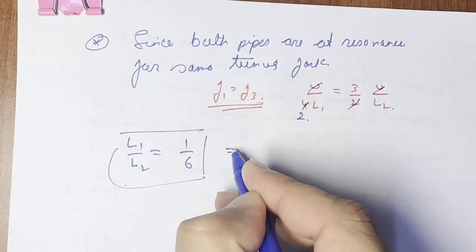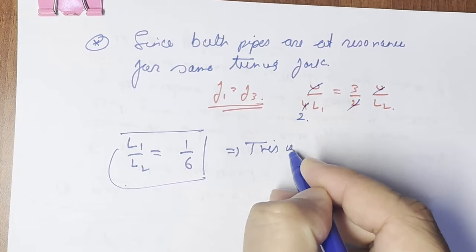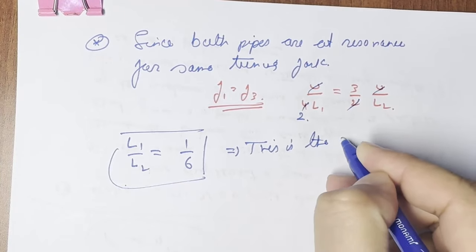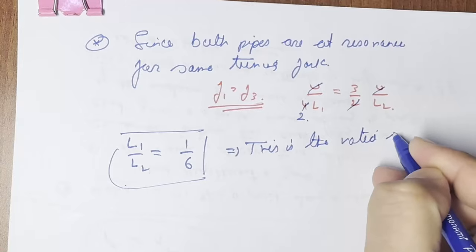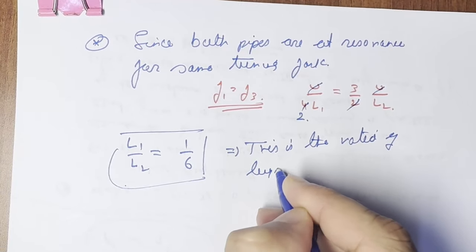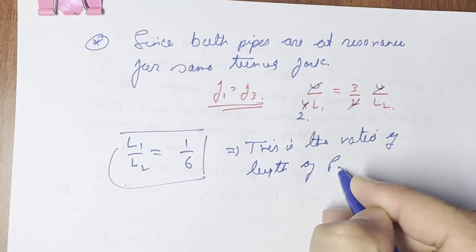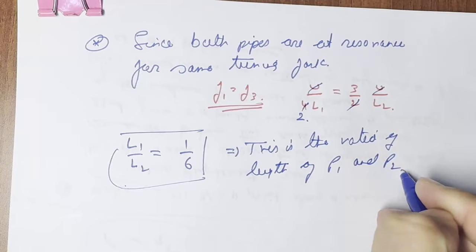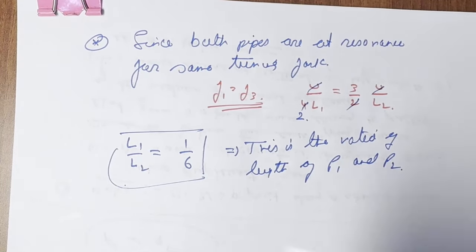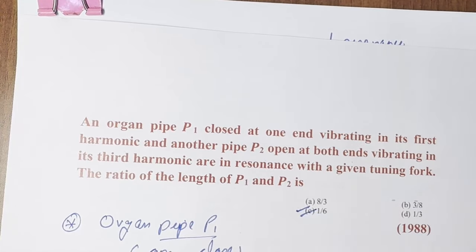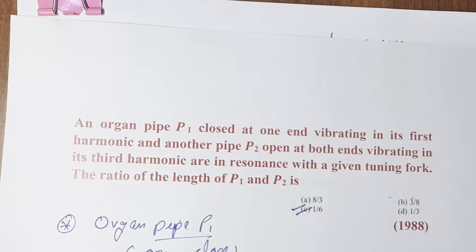So this is the ratio of length of P1 and P2. So the options that are available to us, option number C is the correct option.